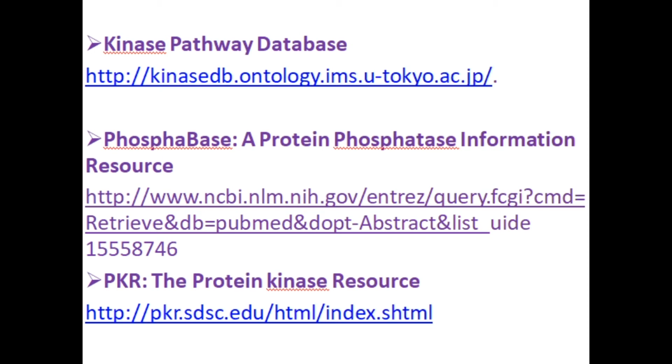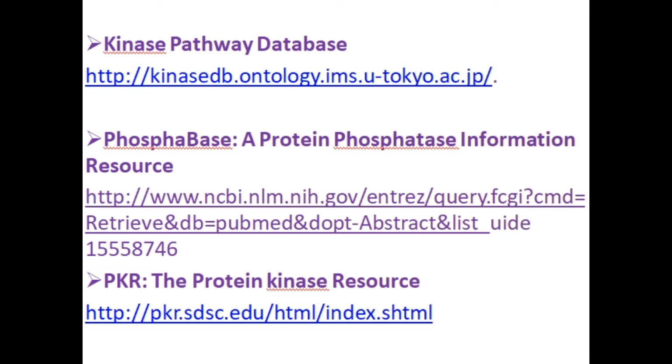Next, the Kinase Pathway Database. Here, kinase pathways play a major role in the regulation of cellular functions. It contains various kinds of information about molecules, which is used to understand the signaling pathway and characteristics of organisms.